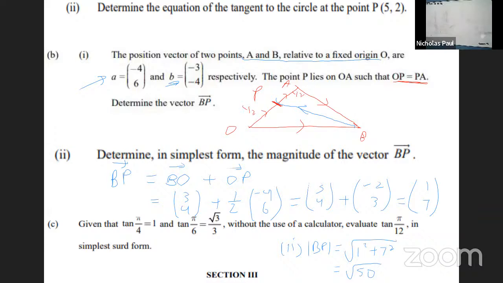Sorry. 50 is the square root of 2 by 25, right? So that'll be 5 by root 2.